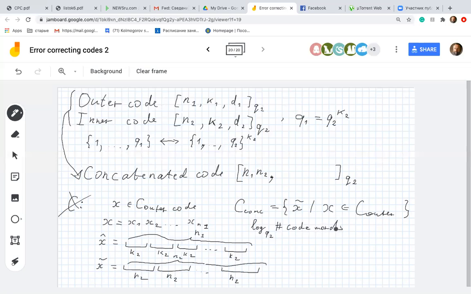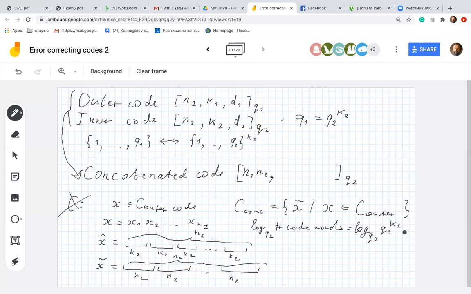But the number of code words is the same as for the outer code, which means that it is log to the base q2 of q1 to the power of k1, because this is the number of code words in the outer code.